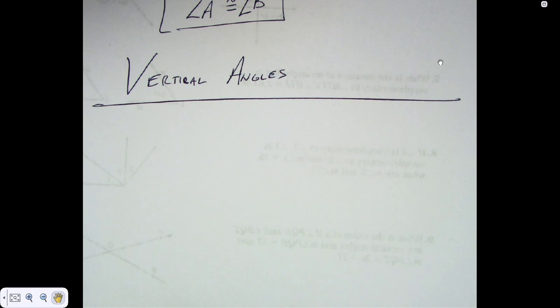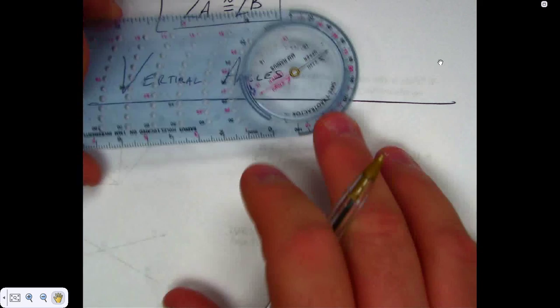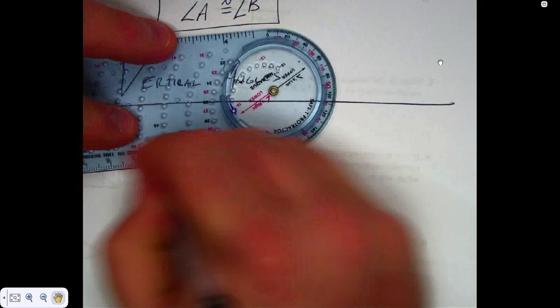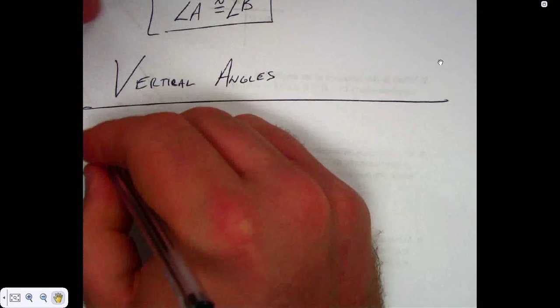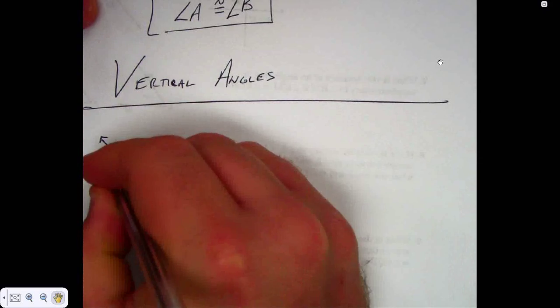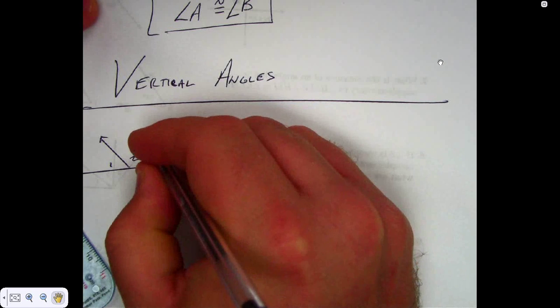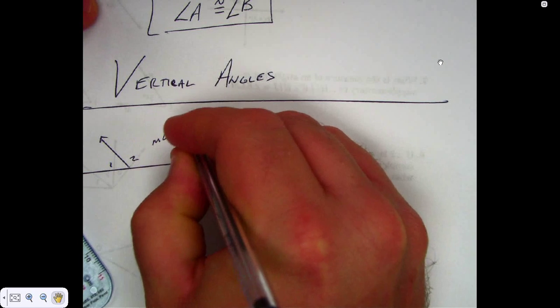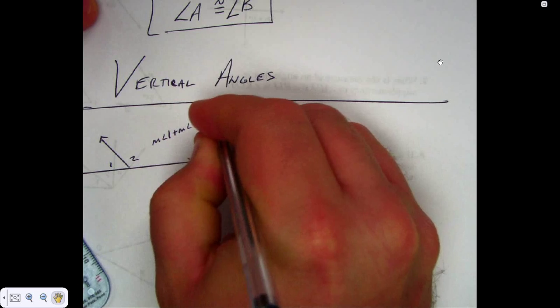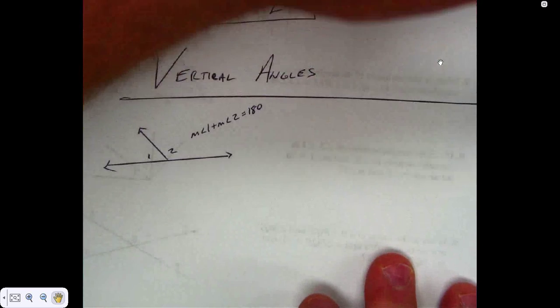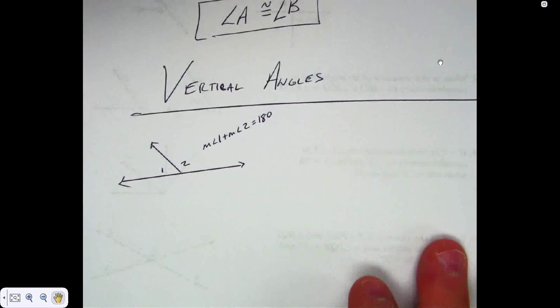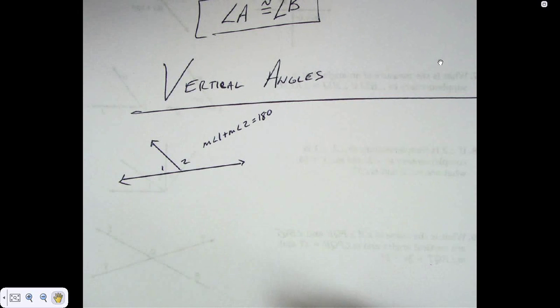If you've got a straight line, then the two angles that create that straight line have to add to 180. The measure of angle 1 plus the measure of angle 2 has to equal what? And that's one of those things I can look at a picture and tell, correct? I don't have to get told that in the given.